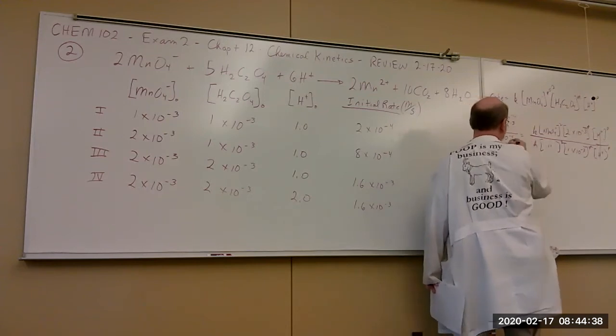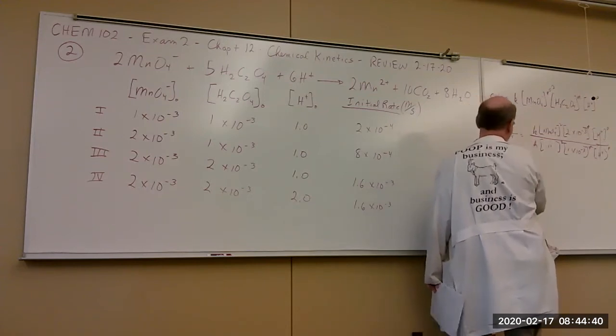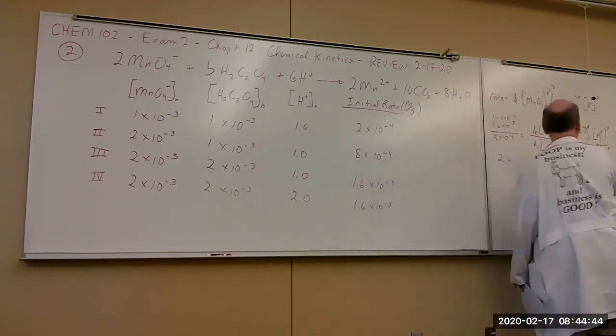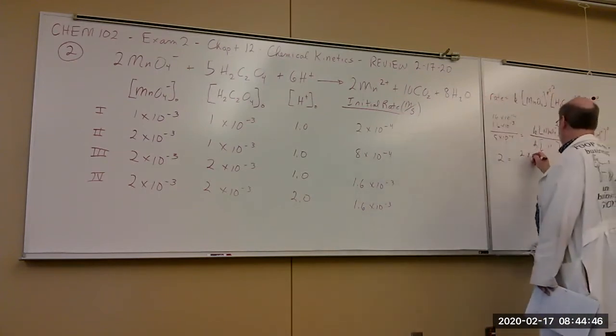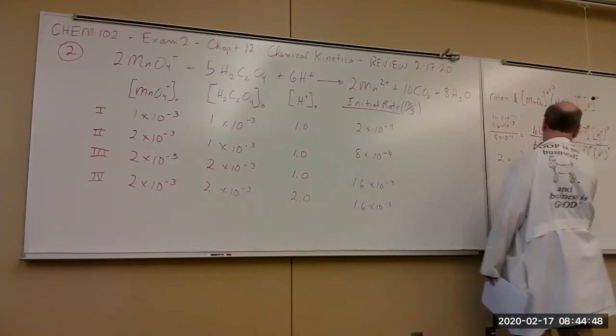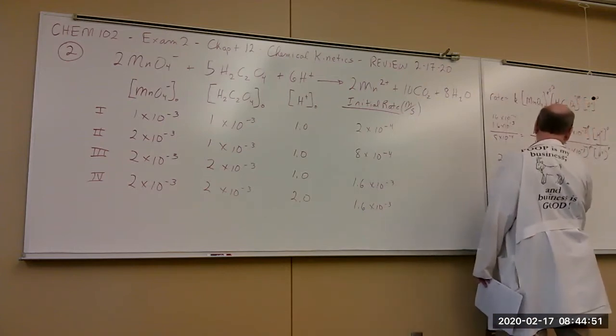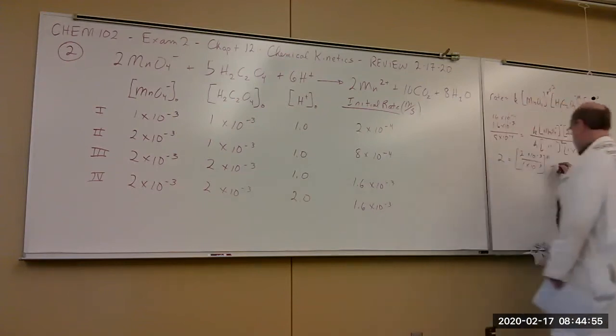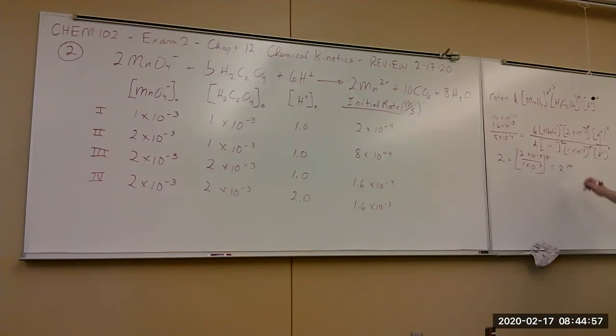So now we can cancel these, and 8 and 16 is 2, right? Okay. So now we have this one with 2 times 10 to the minus 3 over 1 times 10 to the minus 3 to the m power, which is 2 to the m power. So what's m? m is equal to 1.